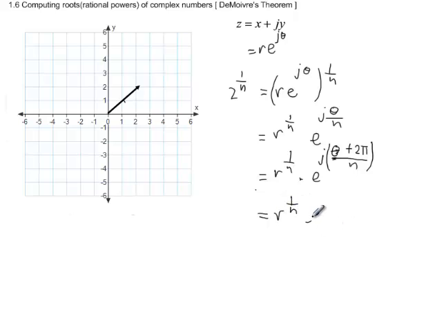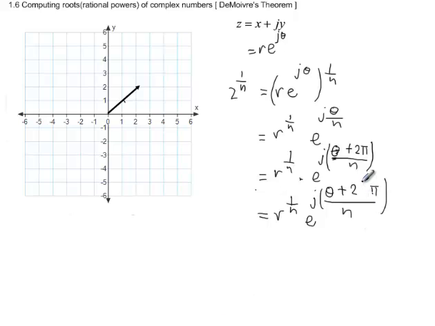Then I have here e^(j (theta plus 2 n pi) divided by n). Let me try to avoid using that n there. Let me use another notation for that integer.